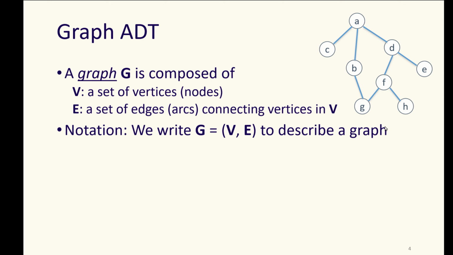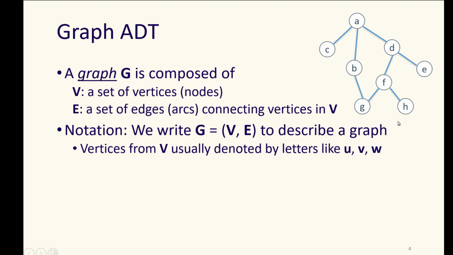We write that G equals V comma E to describe the graph, and then we could list out all of the vertices and all of the edges, and it would give us the same information as, for instance, this visual graph over here.